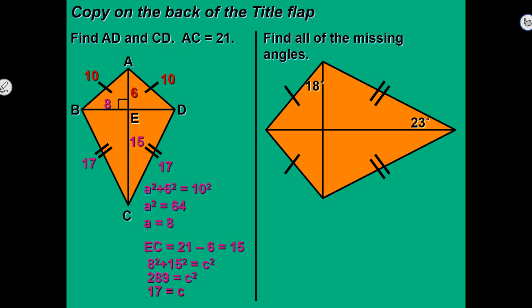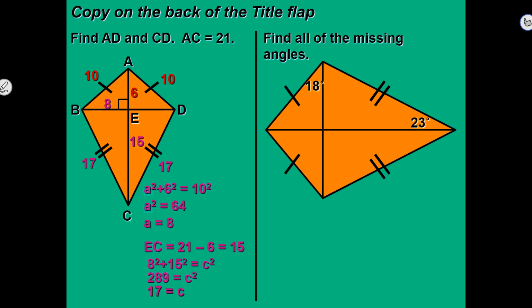All right, and then on that second picture, our job is just to find all of the missing angles. All right, well, you guys already told me that you knew that this angle down here and this angle up here gets what by that line? Bisected. So if this part's 23, I already know this part will also be 23. Okay?